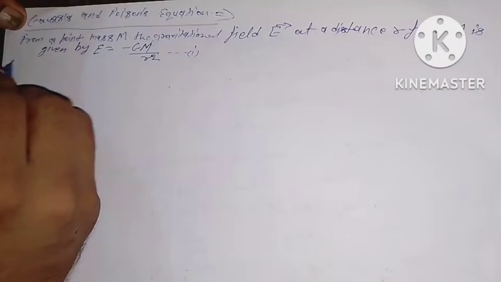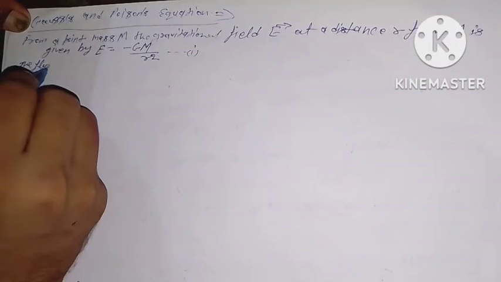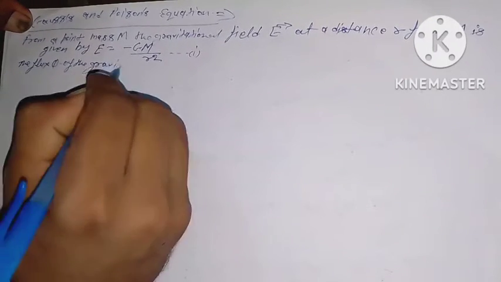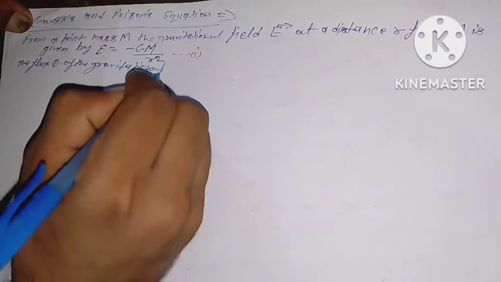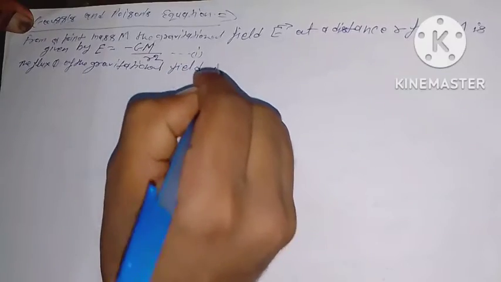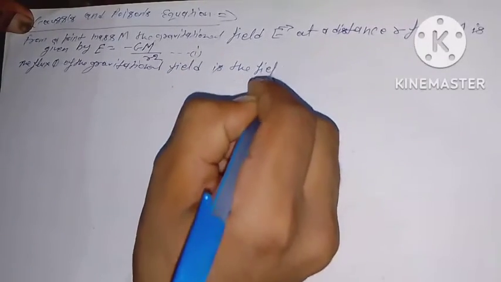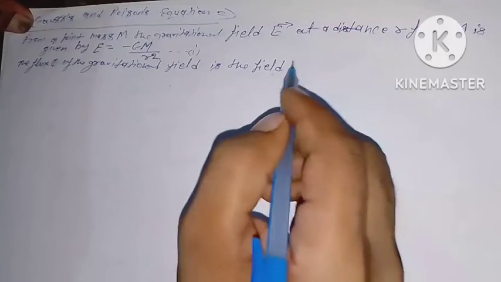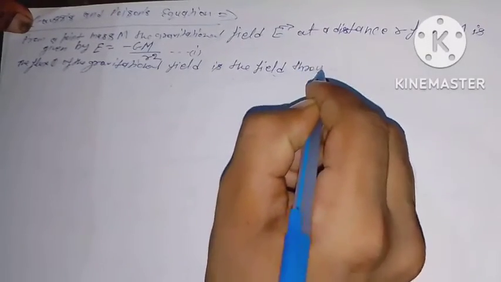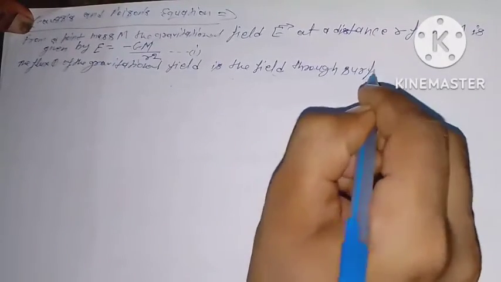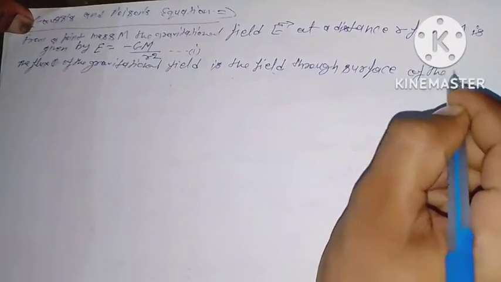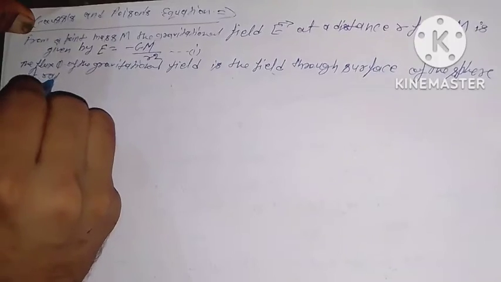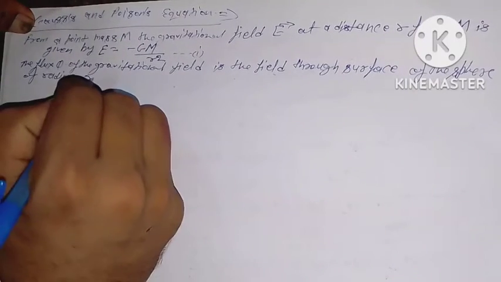The flux phi of the gravitational field is the field through the surface of the sphere of radius r.